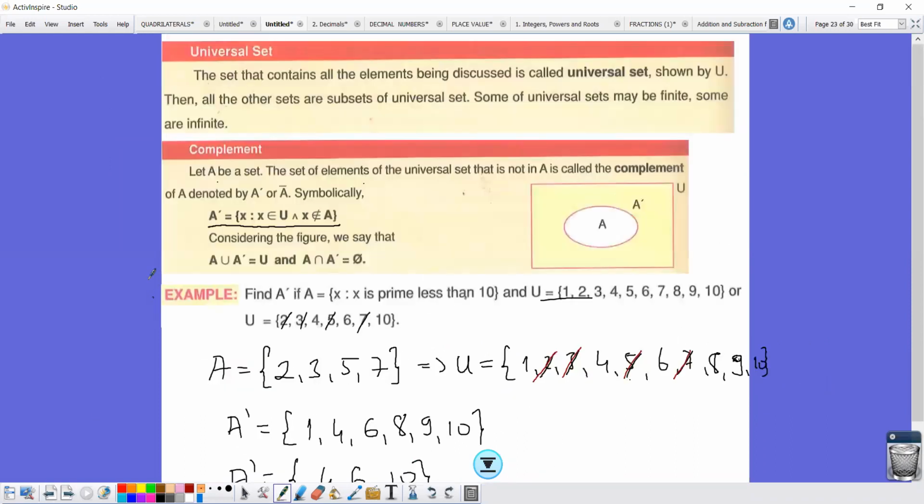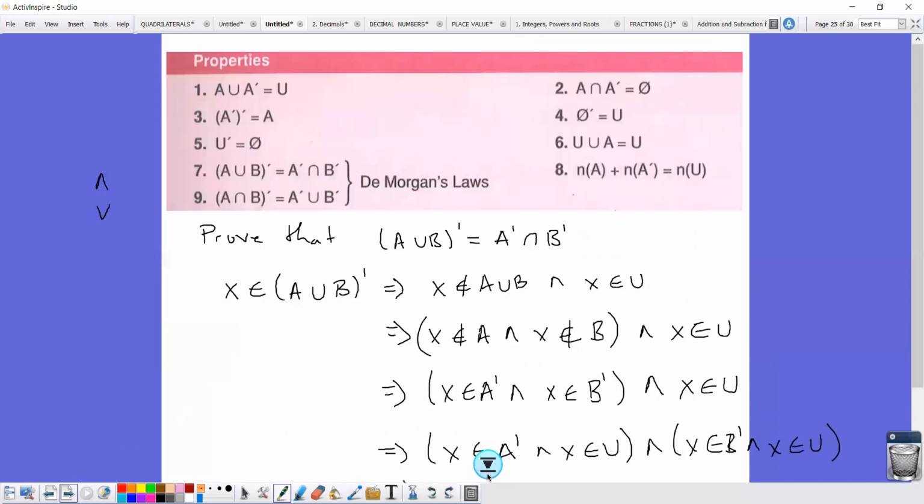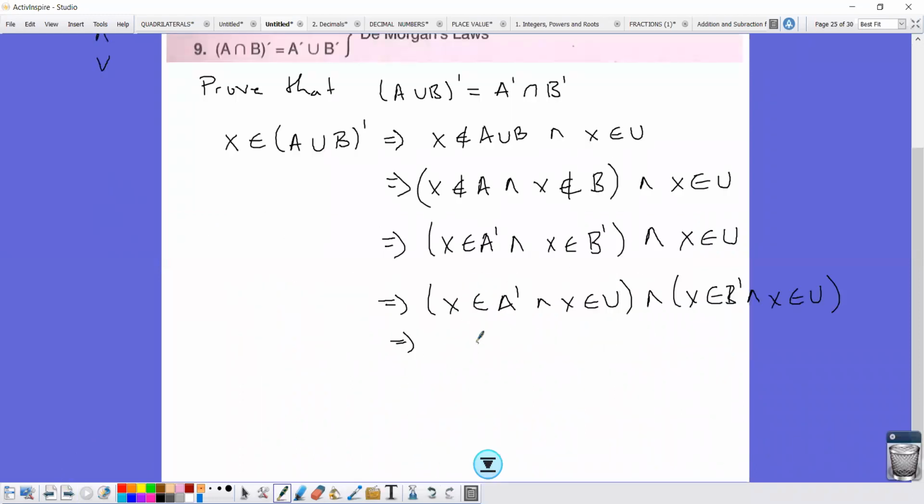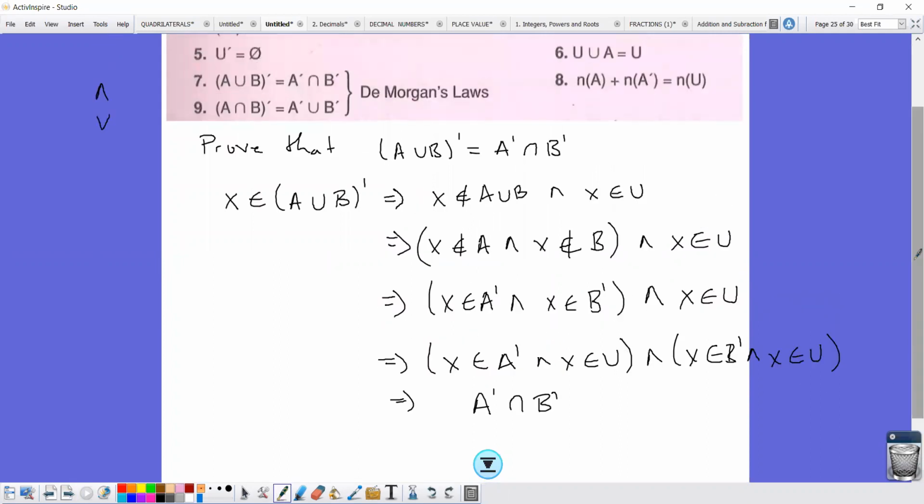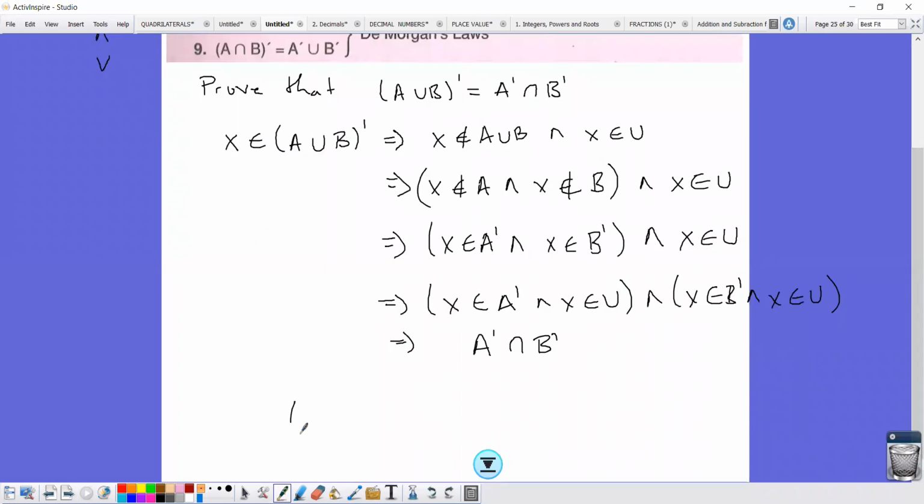Look here, X is element of universal set and X is not element of A, or X is element of A prime. So from here I can write this is the A prime, and this intersection, and this is the B prime. And we got that if you have A union B prime, this is equal to A prime intersection B prime.